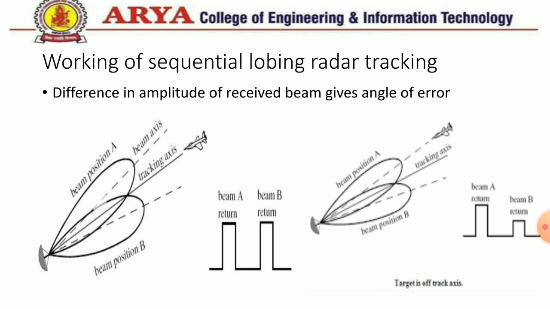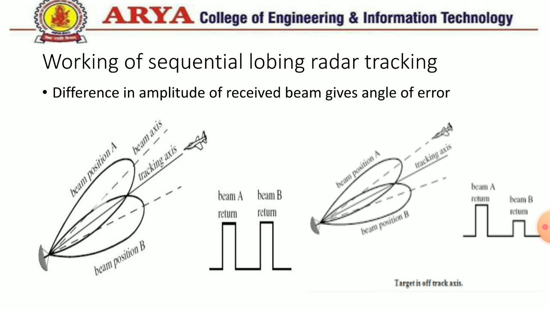So this difference in amplitude explains the angle error. The difference in amplitude of the received beams gives the angle of error. So all we need to do is steer the tracking axis in the direction of the object, so the ultimate agenda is to align the tracking axis on the object.